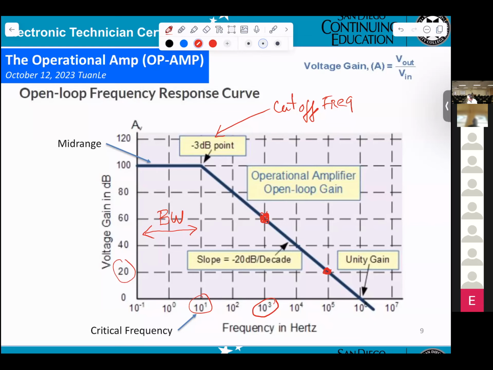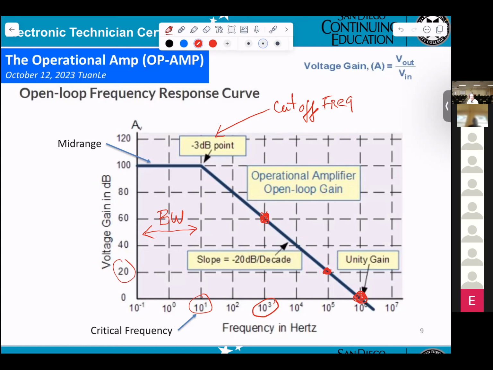And now, this point right here, they call it unity gain. Basically it looks like 1 megahertz. And when you go into the lab, it will be 0 dB. That means the gain is equal to what?